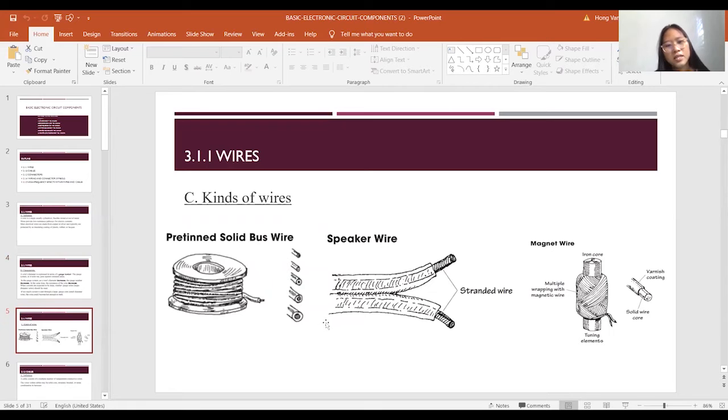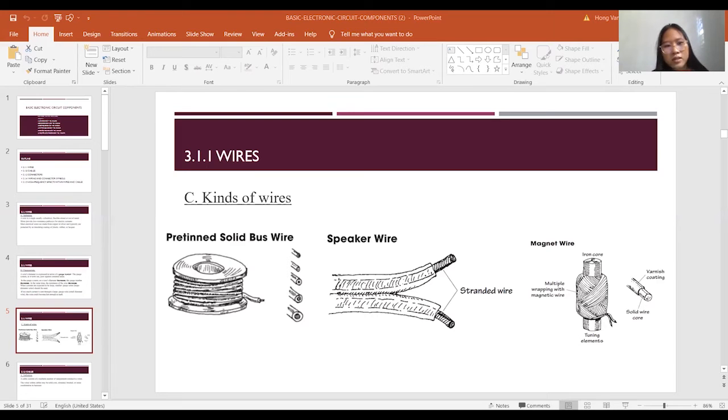Here you can see in the picture some common kinds of wire. This is a solid hookup wire. This wire is often referred to as hookup wire, and is usually insulated with PVC, polyethylene, or Teflon.